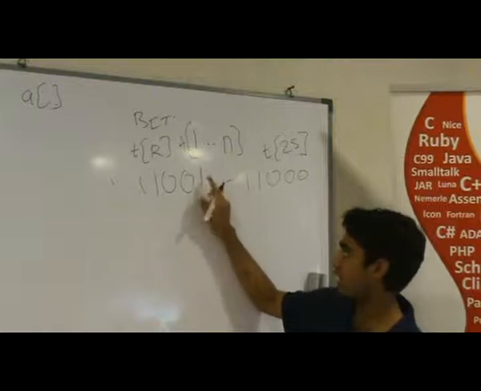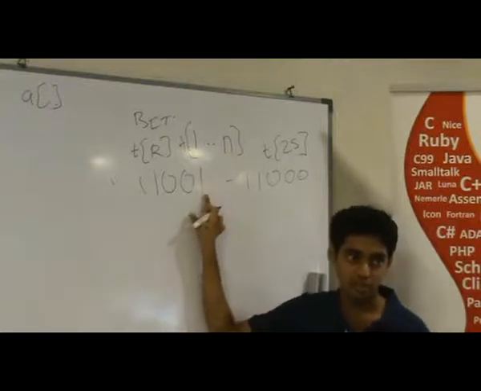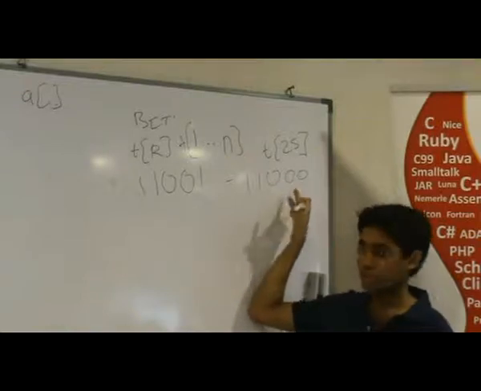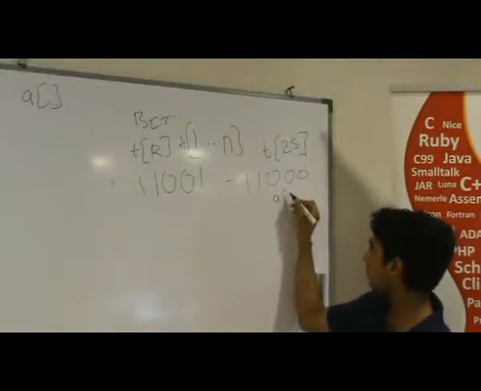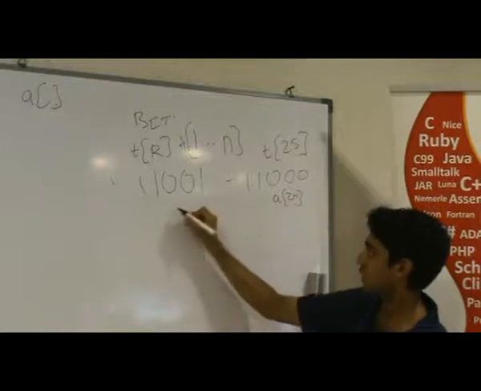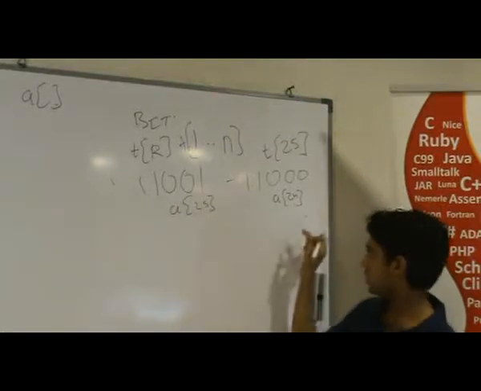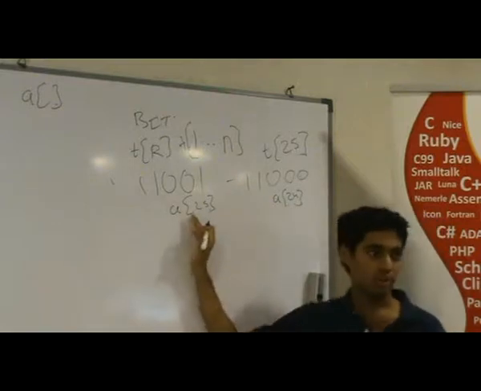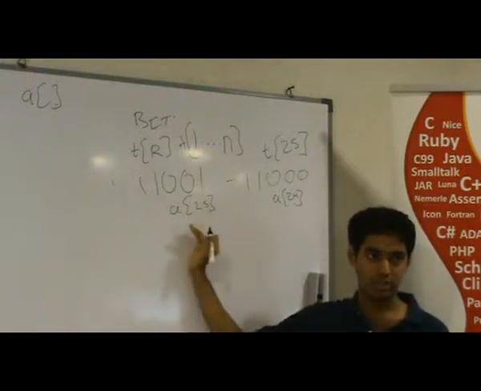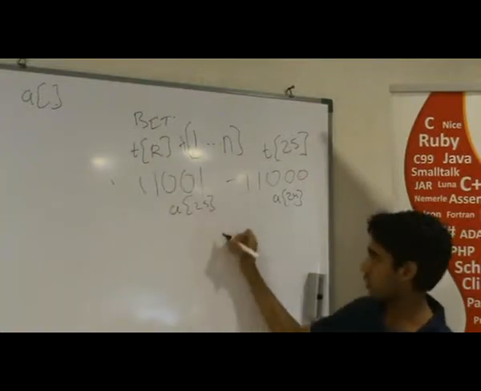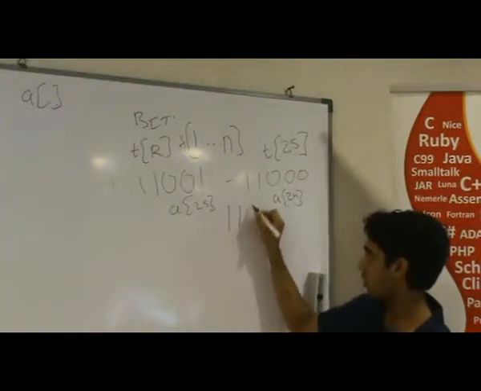The lowest one, at bit 0, make that 0, and you get 11000, that's 24. So between 24 and 25, the sum of the elements, A of 24 plus A of 25, will be stored in location 25.